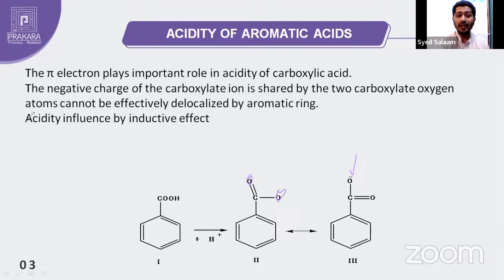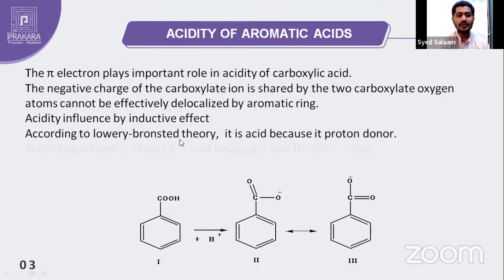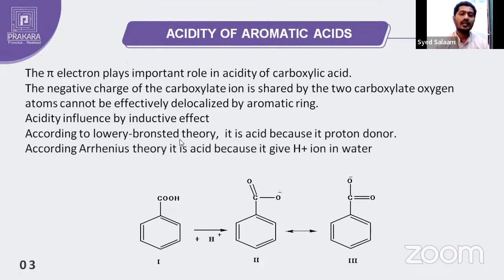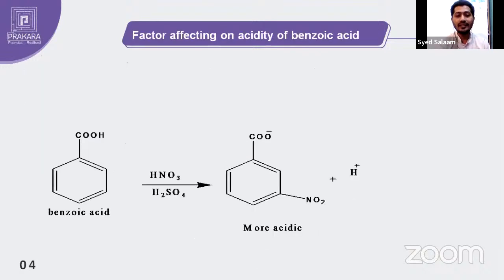So this makes aromatic acids much stronger or better acids than their aliphatic counterparts, like acetic acid and other acids. They have much more acidity when compared to aliphatic compounds.